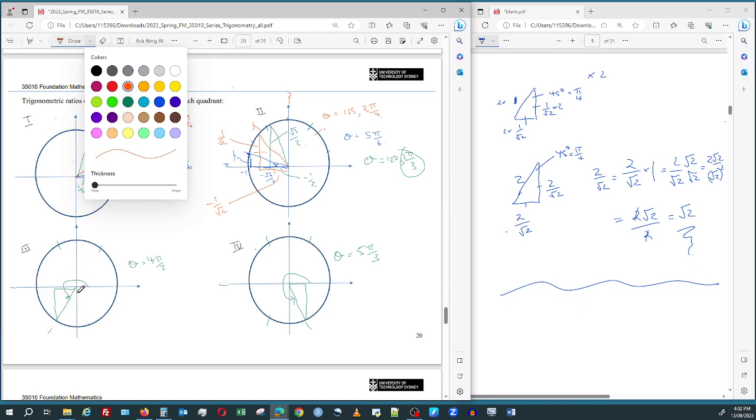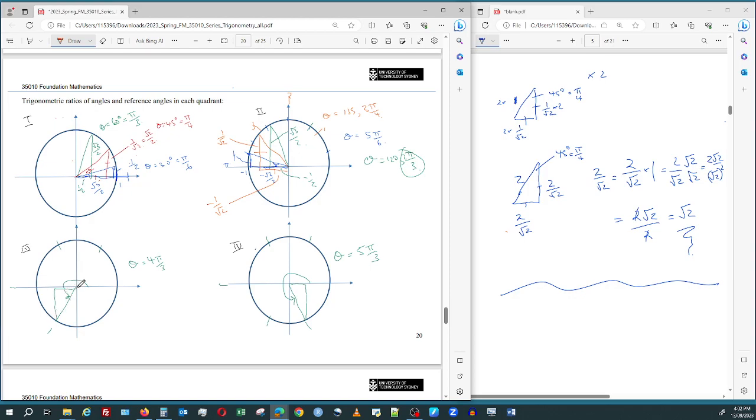Our middle ones, okay. Same size. The theta now is 1, 2, 3, 4, 5 lots. Pi on 4. Over here, same size, same angle, 45, 2, 3, 4, 5, 6, 7 lots.